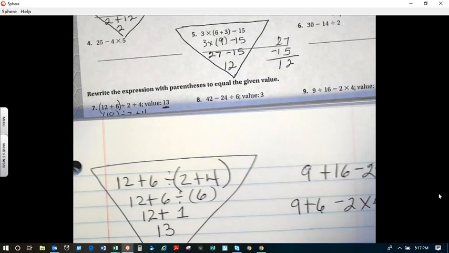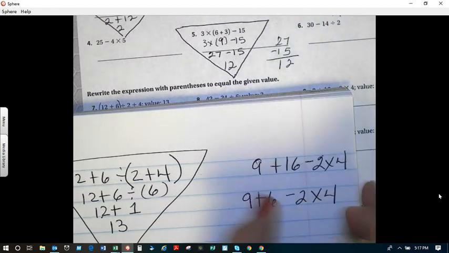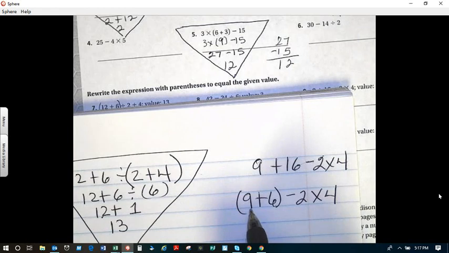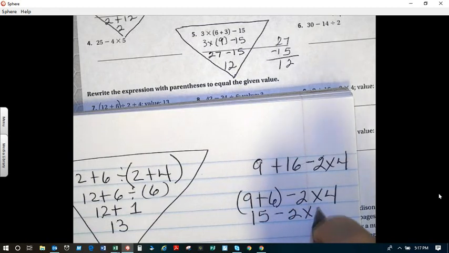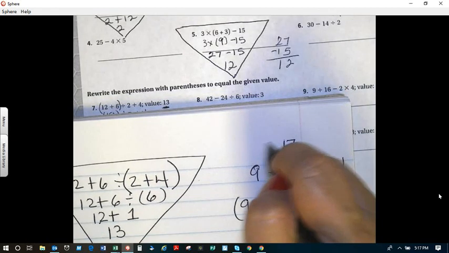I brought this over just so that I can see it. So let me group this one. 9 plus 6 equals 15 minus 2 times 4. Okay, our goal is to get to 17, the value that we need to get to.